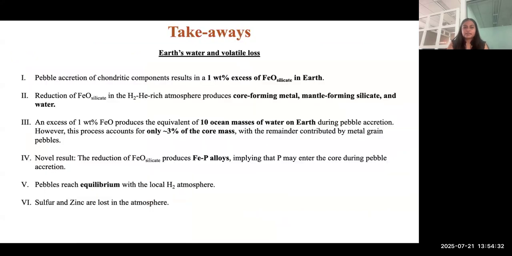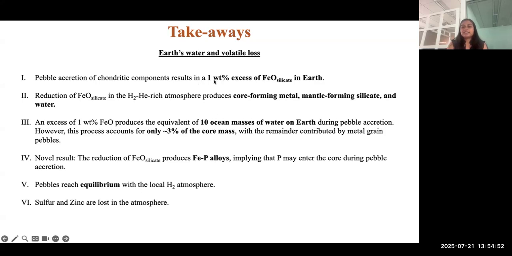Okay. So I have interesting takeaways from these experiments I have been conducting. The first one, I have already mentioned that accretion of chondritic components matches Earth's bulk chemistry. And I have calculated how much FeO I'm bringing this way, right?